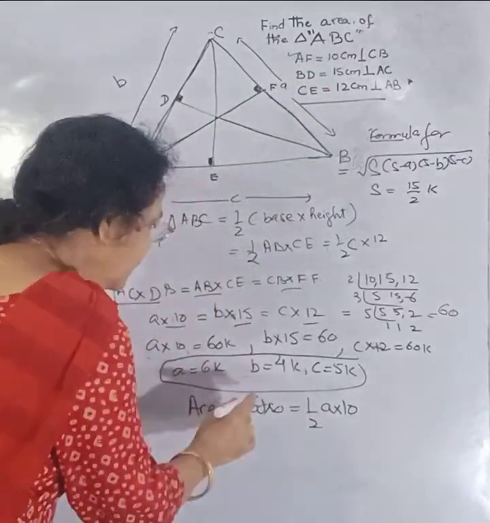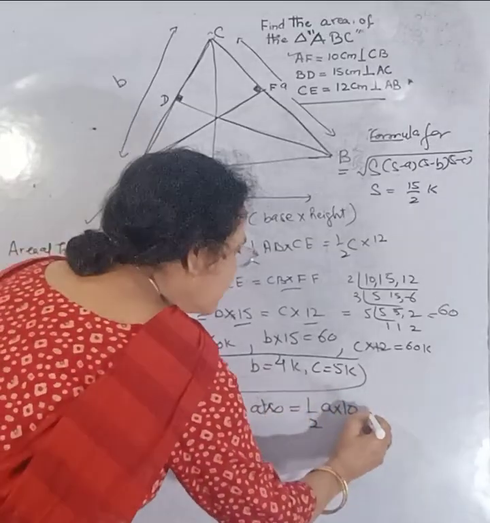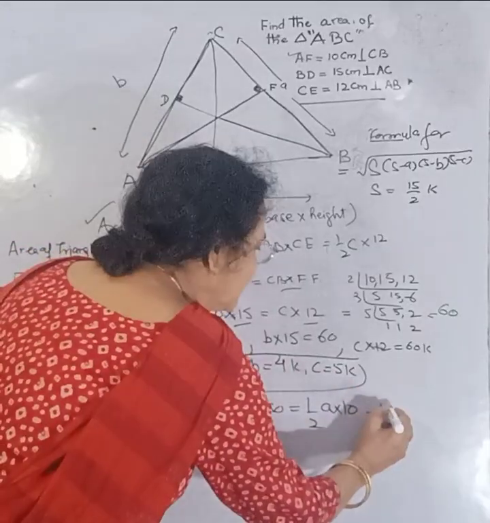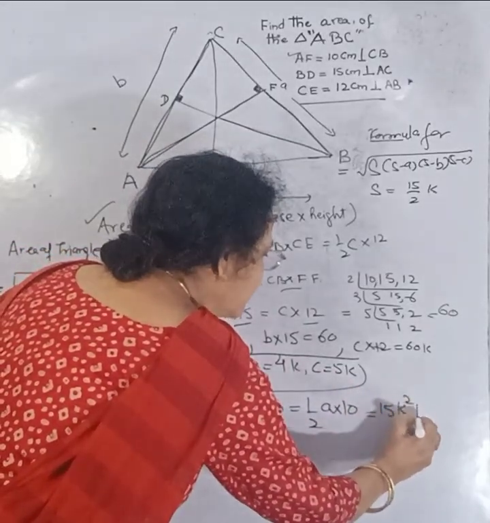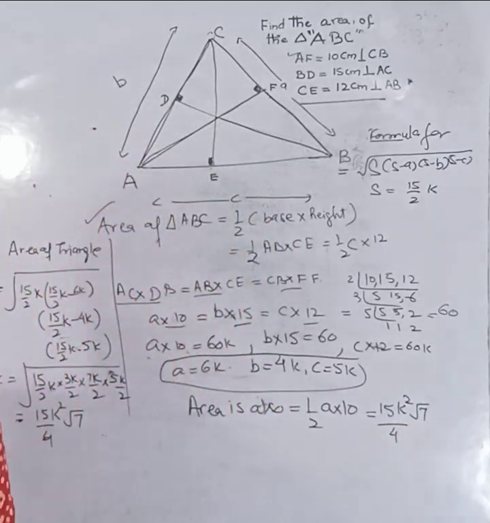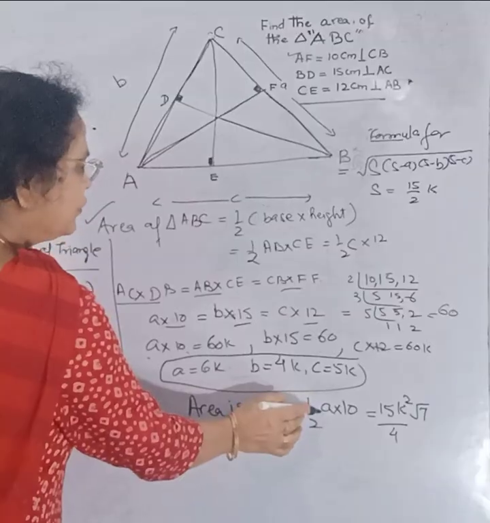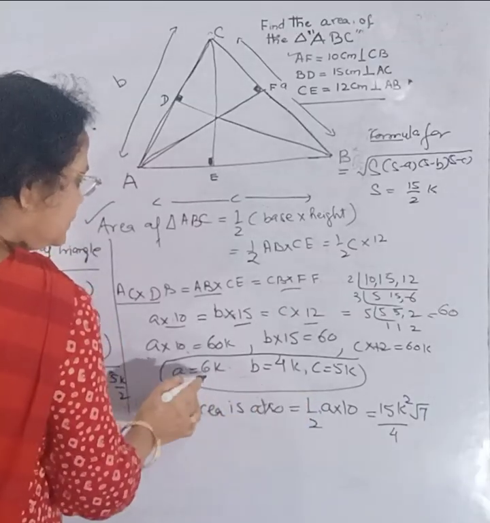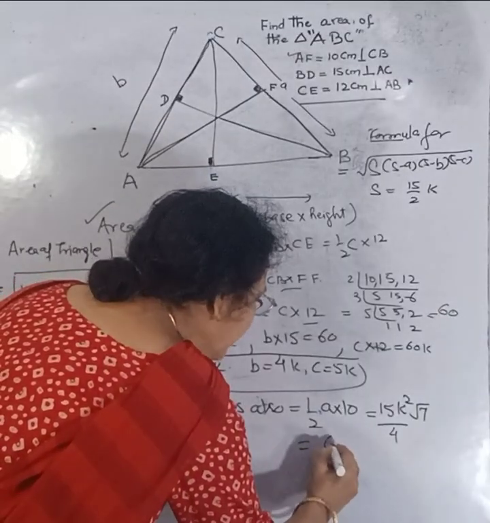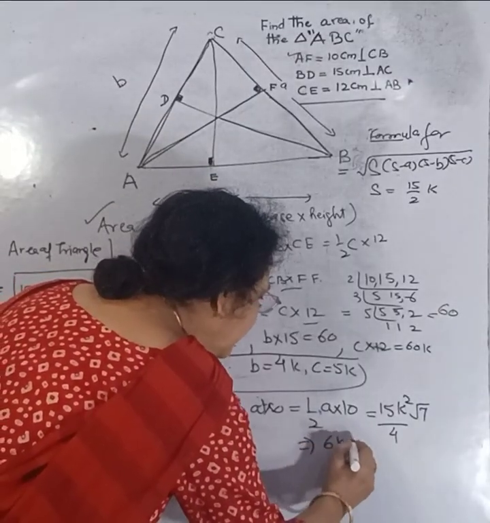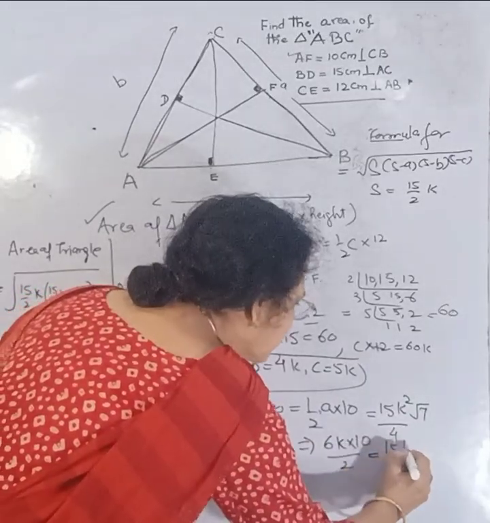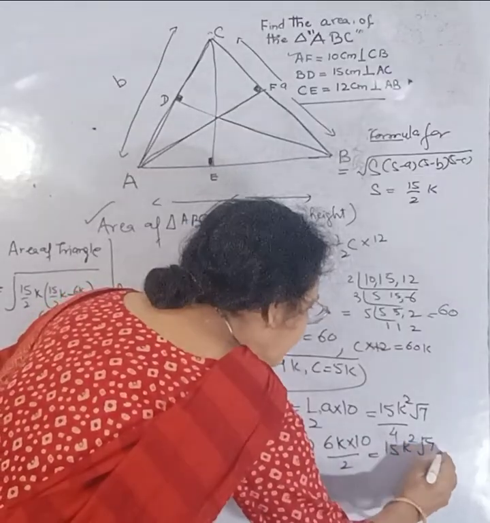This is nothing but equal to 15 times k square root of 7 by 4. A was equal to 6 times K, so 6 times K into 10 by 2 is equal to 15 times K square root of 7 by 4.